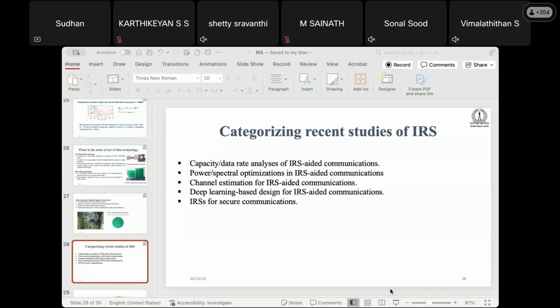If you have the location of user equipment, and the base station is fixed and IRS is also fixed, then you can easily calculate the difference; the impinging phase and outgoing or reflecting phase can be determined from the user location minus the impinging signal.